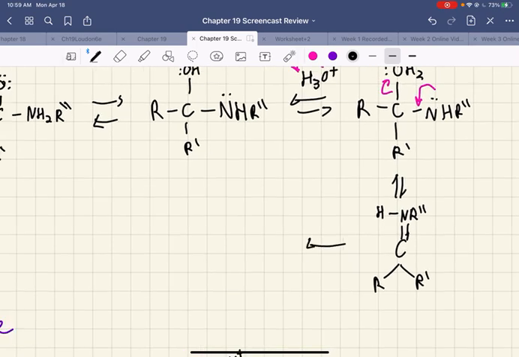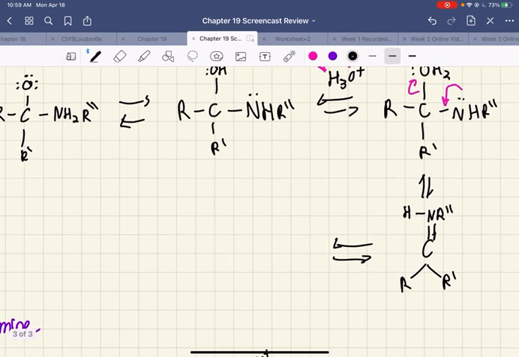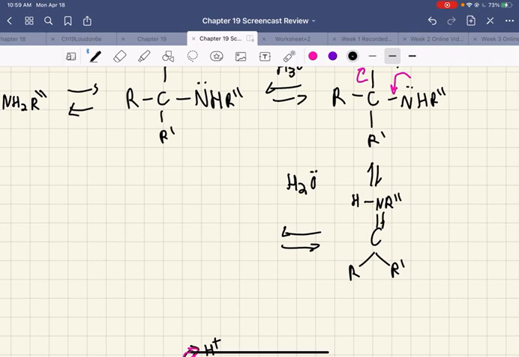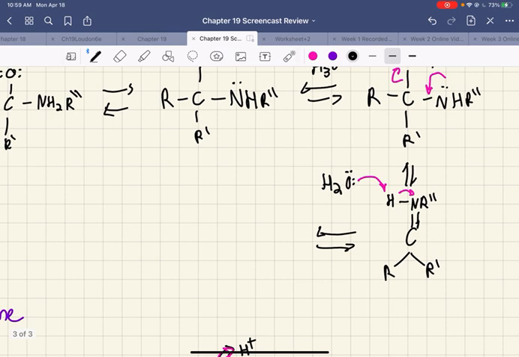Now, the imine will form. This will be the final product, imine, when, I forgot one step, water will deprotonate this hydrogen ion and move the lone pairs back to the nitrogen, which stabilizes the charge. Here we have nitrogen, R double prime, and then the R prime and R. This is a carbon, not an oxygen. This will be the imine.